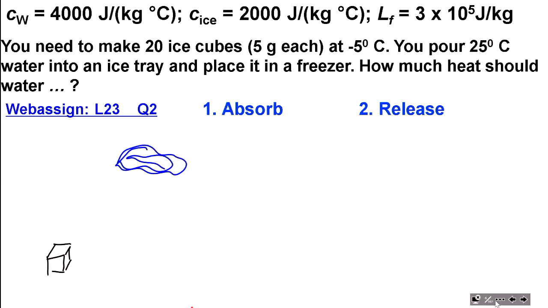We can see the difference. Liquid state, a solid state, and we know that water initially has a certain temperature, which is 25 degrees Celsius, and we know that eventually we're going to have ice cubes at -5 degrees Celsius.